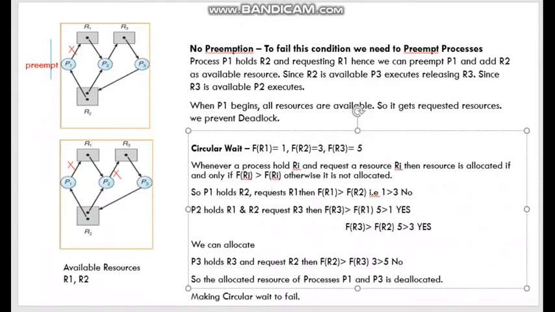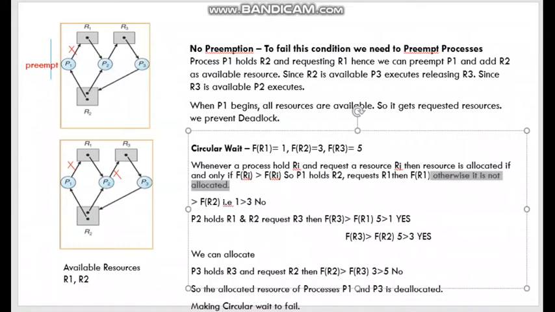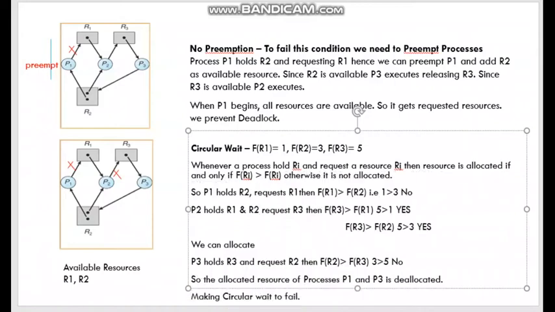That way you can give the resource to that process, otherwise it is not allocated. If it is not allocated, then there won't be any circular wait, since it follows the circular wait where P1 depends on P2, P2 depends on P3, and P3 is again dependent on P1. So we have to break that. The circular wait has to be broken.